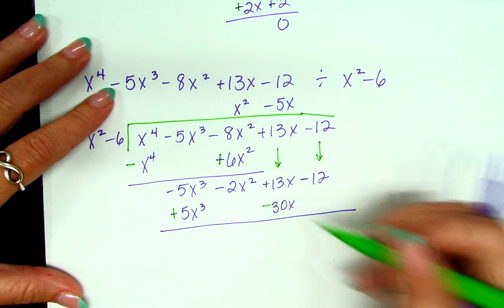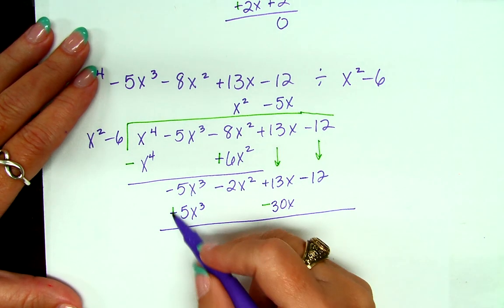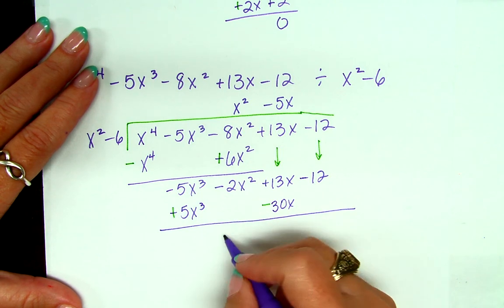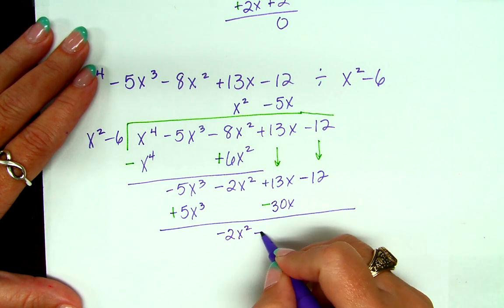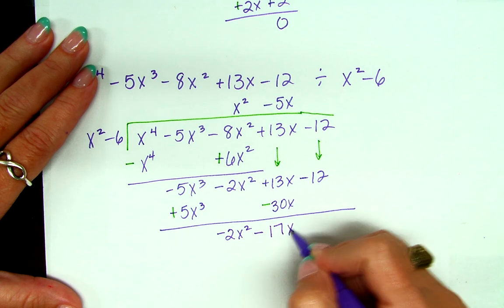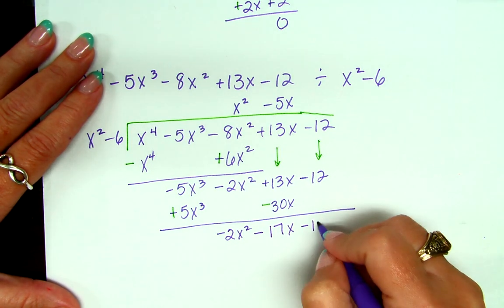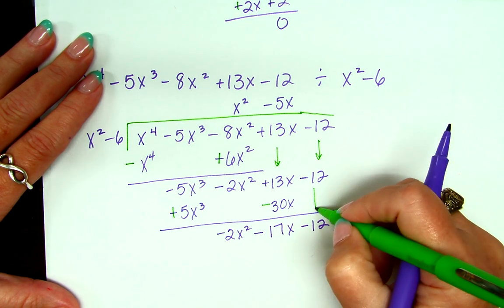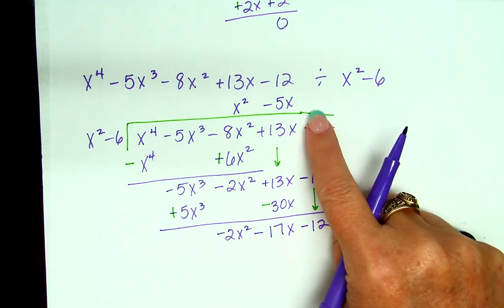Subtract, subtract. This is 0. This is? Oh, that's negative 17x. And then minus 12. So I just brought that down. Now, am I done? No. How do you know? There's still a spot up here.